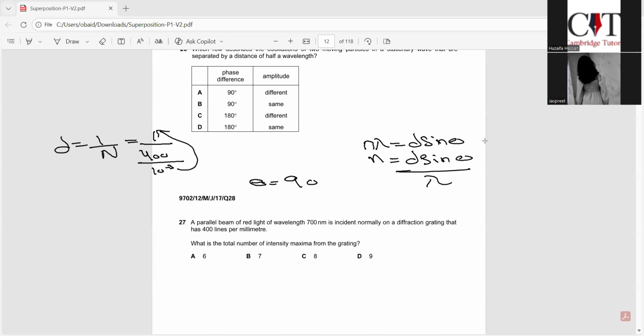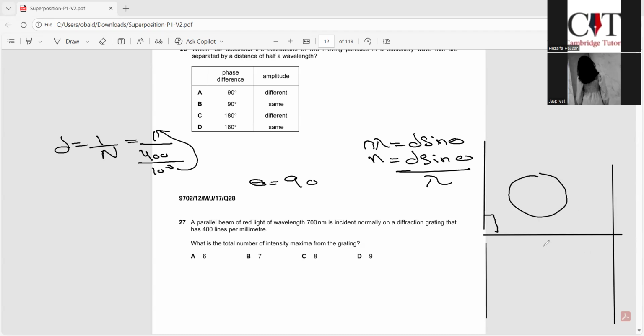So I was making the slit like this. I told you that the center bright fringe would be here on the screen, right? So I said the maximum number of maxima are possible when the angle is 90, because the maximum diffraction that could take place is this angle, right? But what about downward as well?